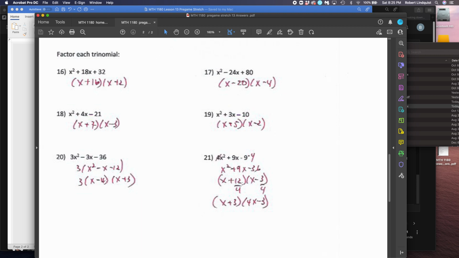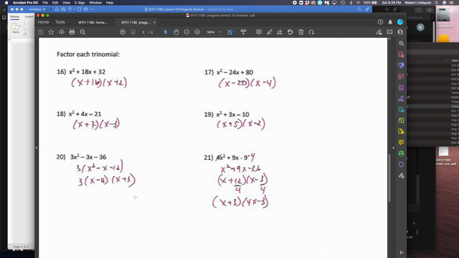The big thing is you can't forget the 3 in front here. So the answer has to have all 3 parts, the 3, the x minus 4, and the x plus 3. In my experience, some students will make a sloppy mistake and leave out the 3, and they'll just write x minus 4 times x plus 3.